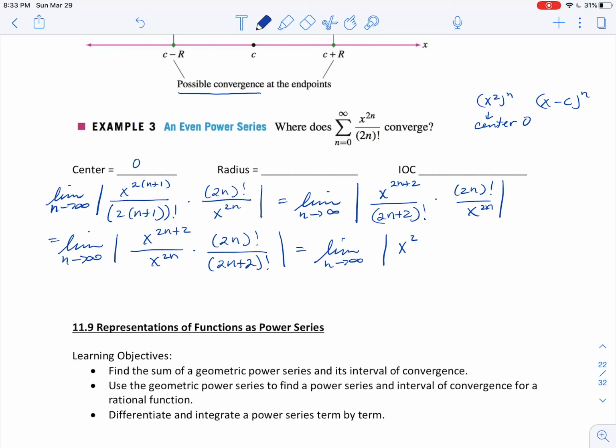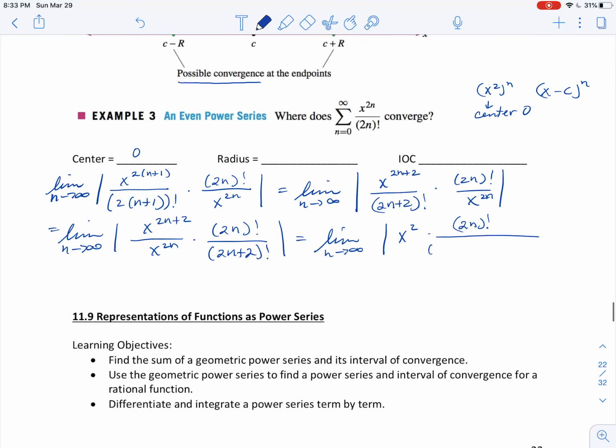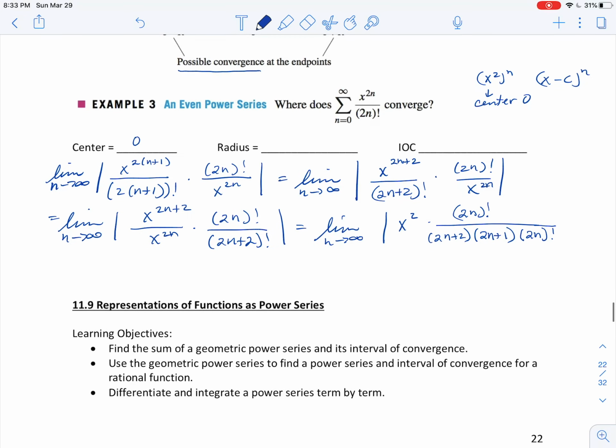And let's remember this bottom. We can't cancel factorials. We can't factor out 2's. What we can do, though, is copy the top and then start writing out the bottom. We'll start with 2n plus 2. It's a factorial, so the next thing we would do is multiply by 1 less than that, which is 2n plus 1. And then we would multiply by 1 less than that, which is 2n, and continue going down to 1. So that would be the 2n factorial.